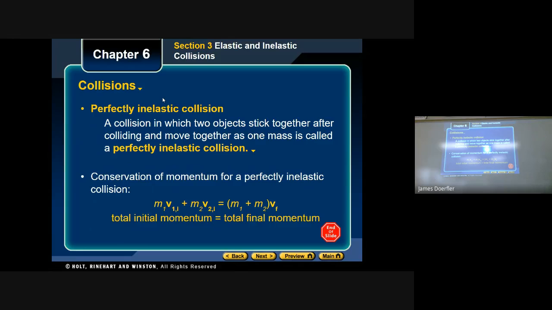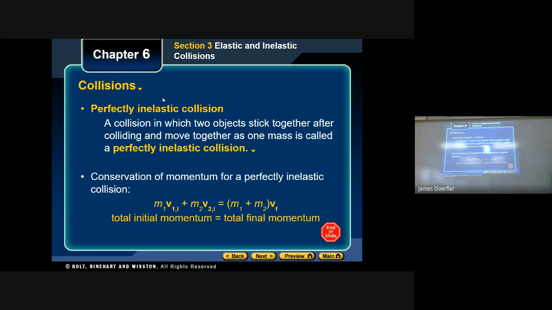So let's start off with what a perfectly inelastic collision is. This happens when two objects stick together after colliding and move together as one mass. Okay? Like magnets when they come together. So the conservation of momentum for a perfectly inelastic collision is listed by looking at this formula. Again, total initial momentum, m1v1i plus m2v2i, the momentum of both of the objects in this scenario, is equal to the total final momentum.